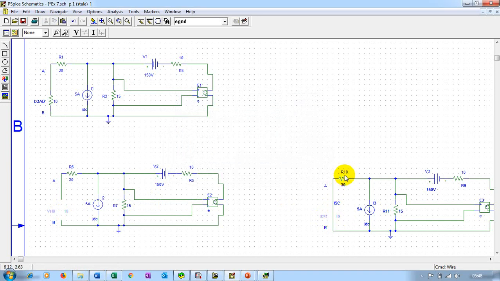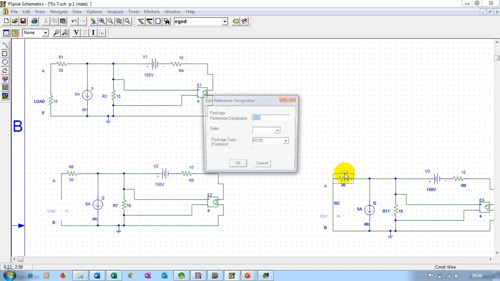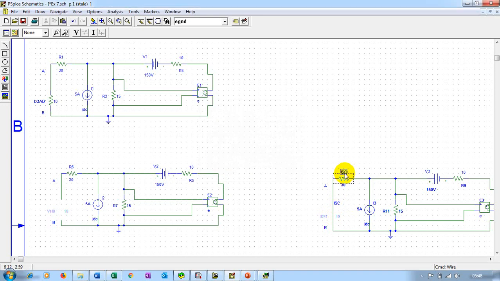Or what I'll do is, I know the same current travels through the 30 ohm, so I'll rename R10 as ISC. Right? So now we cannot find a voltage unless the circuit is closed, right? Or else one cannot find the value of the resistance or voltage. Let us try to simulate and see what error we get.